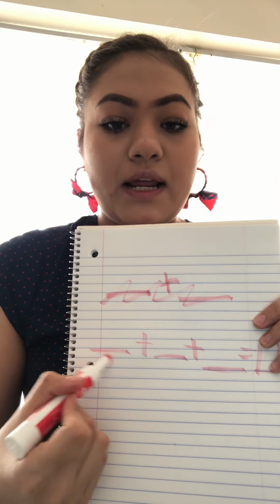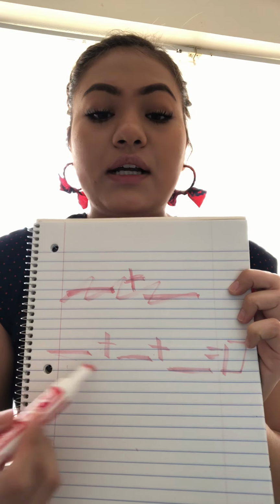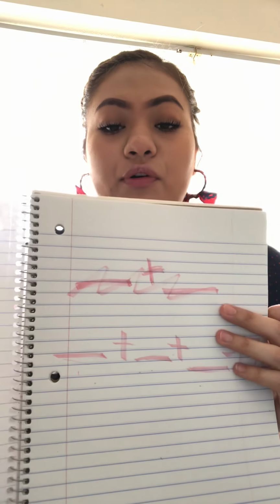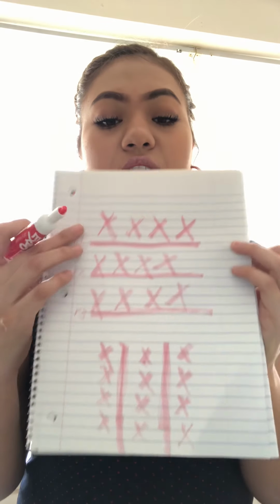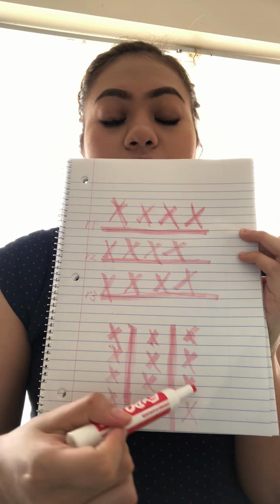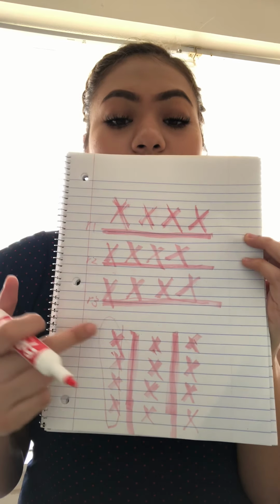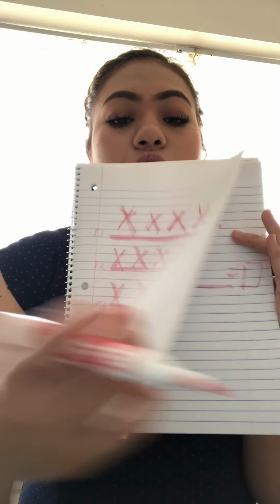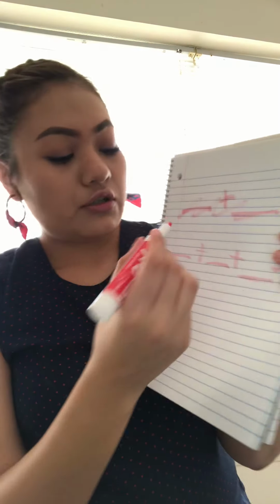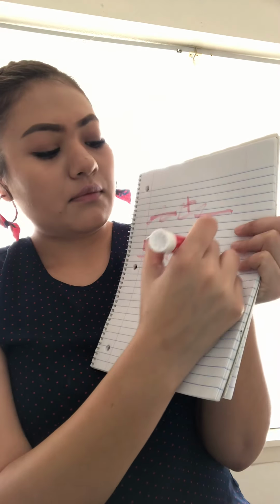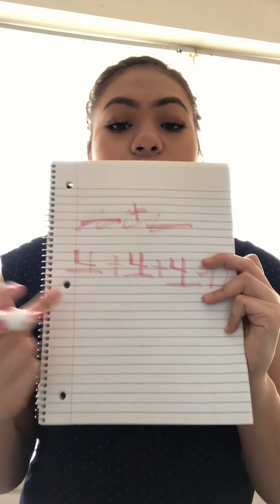If it's telling us that we have 3 spots, 1, 2, and 3, what number are we going to put inside the blank space? How many are in each row? Correct, 4. So we're going to add 4 plus 4 plus 4. We're adding 4 three times.